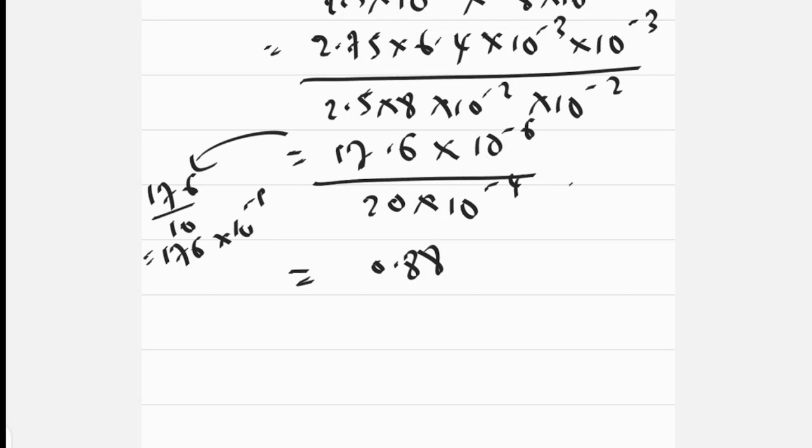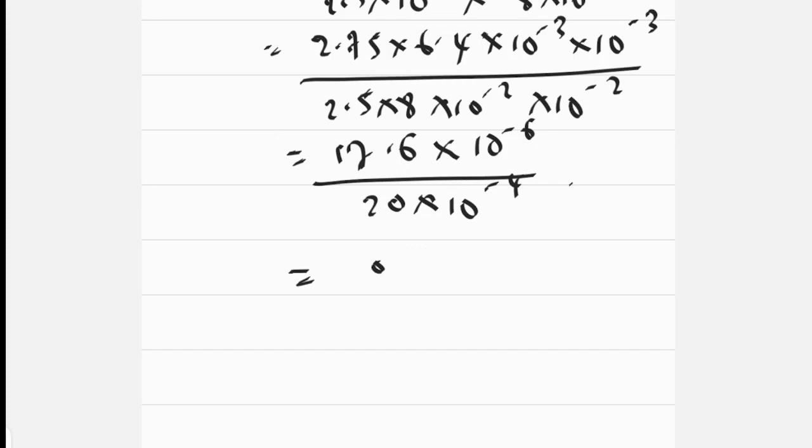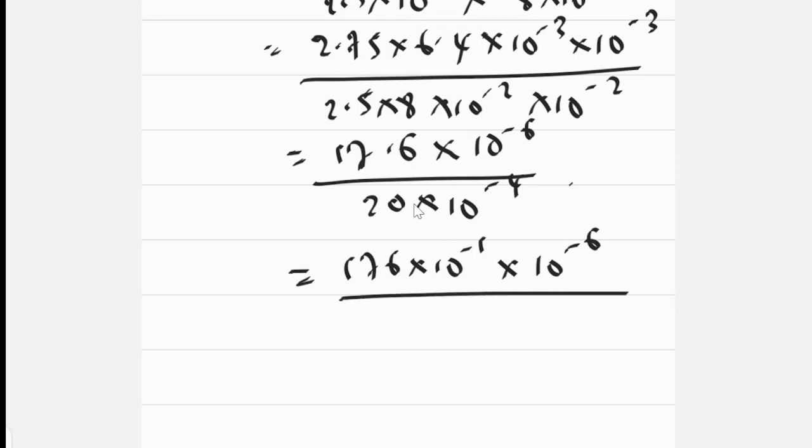Maybe we should even do that so that I don't want you to use a calculator. Let us do it that way. This will be 176 multiplied by 10 raised to the power minus 1, then 20 times 10 raised to the power minus 4. So 176 divided by 20, what is going to give you?